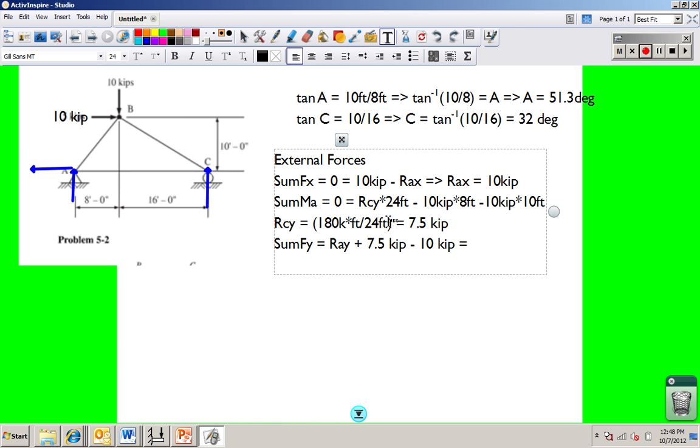Alright, and all that's equal to 0. So when I do that, I get our AY is going to be equal to 2.5 kips. Okay, let's go back in and label all our forces here.